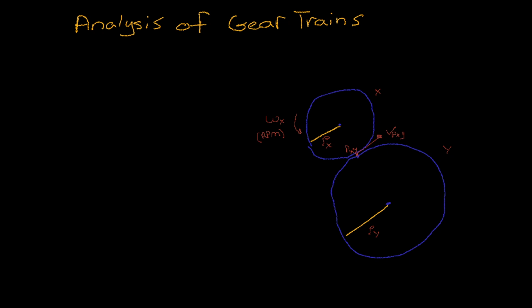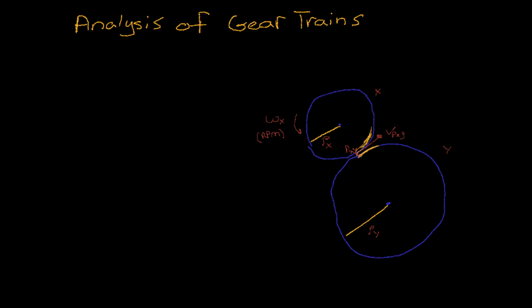And so if gear X is rotating this direction and the point P is moving in this direction, if we were to trace this point on X over some amount of time, it would trace out an arc like this. The same thing if we were to trace the point on Y for the same amount of time, it would trace out an arc like this.